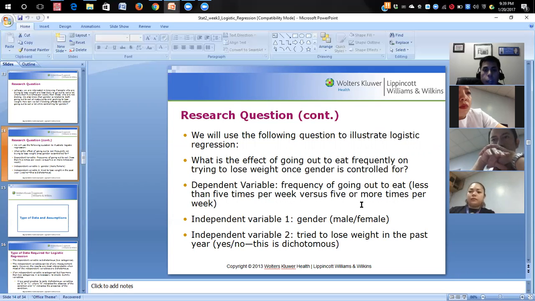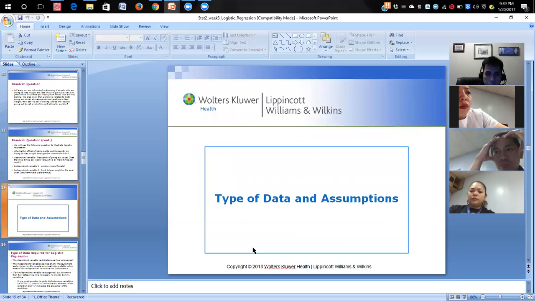It's a categorical binary variable as the dependent variable, because it uses odds ratio as the fundamental mathematics. Our independent variables will be gender, male or female, and another, trying to lose weight in the past year, yes or no. That is a dichotomous variable.